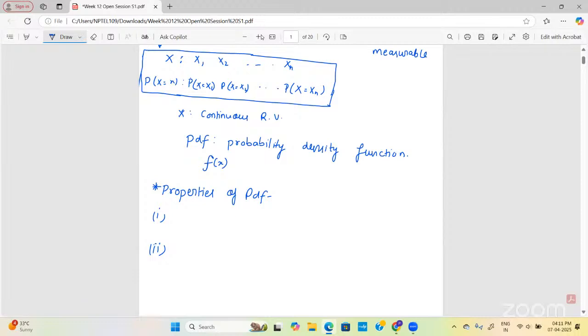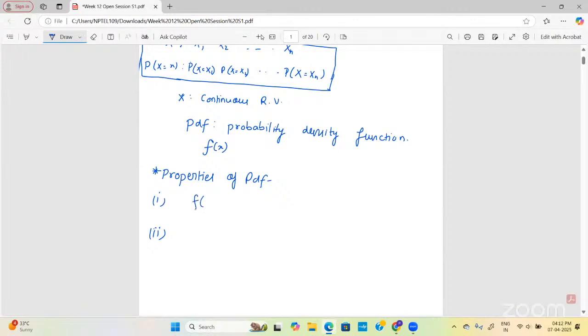For a PDF, the integral from minus infinity to infinity of f of x dx should be equal to one, so the area under the curve is one. And the other one is that it should be non-negative. So the first property is that f of x, the PDF, should be greater than or equal to 0, which means it should be non-negative.